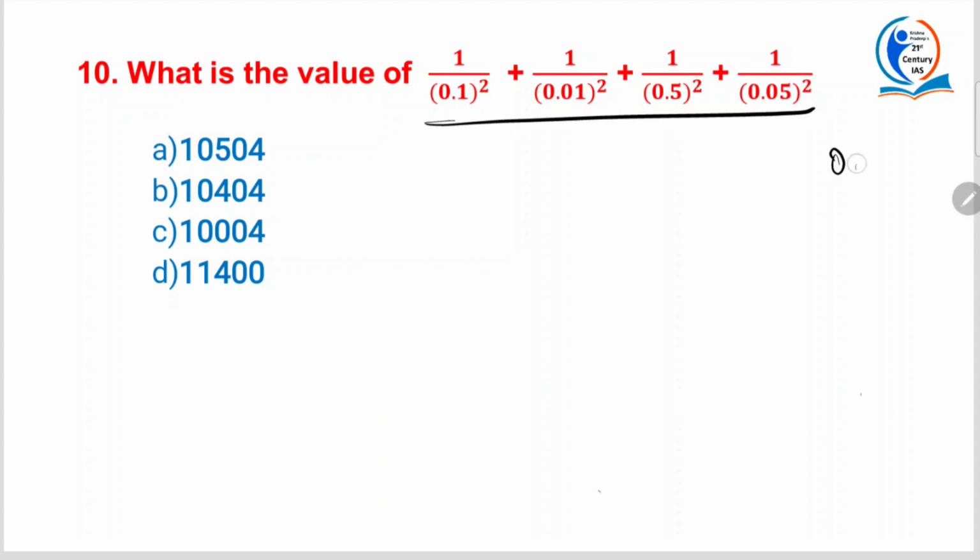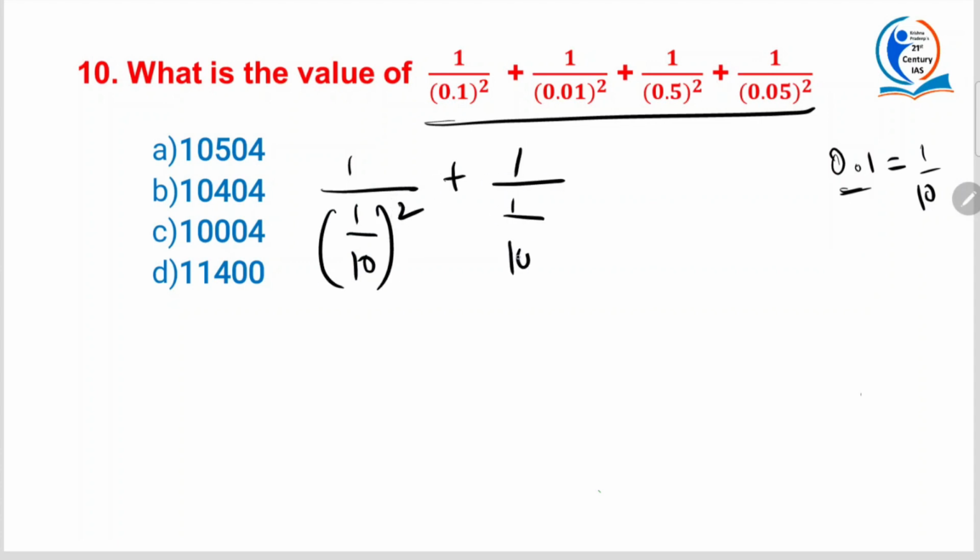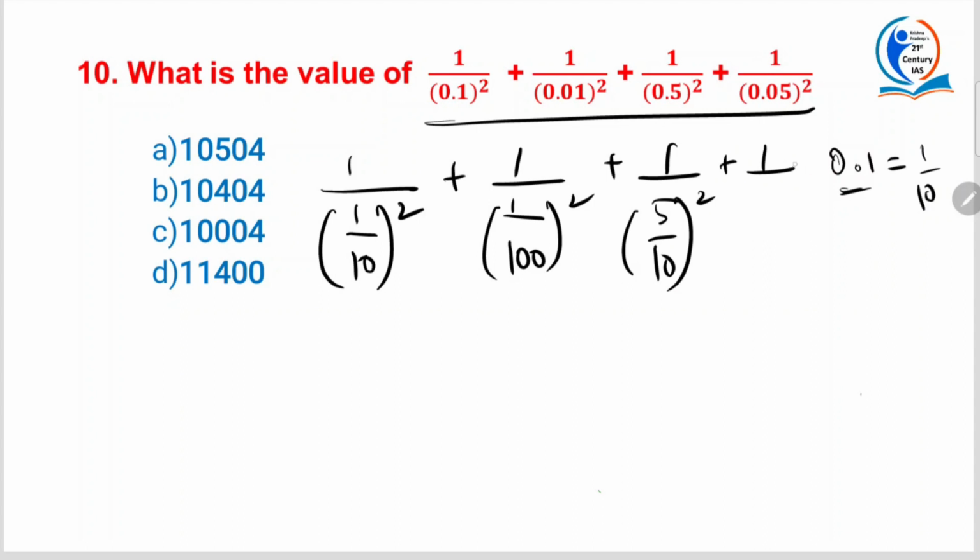Find the value of this equation. Alright, we know that 0.1 is the decimal form, but in fraction it is 1 by 10. Okay, so this equation, we'll write it in fractions. 1 by 10 square plus 1 by 100 square plus 1 by 5 by 10 square plus 1 by 5 by 100 square. Alright, so 5 ones are 5, 5 twos are 10, 5 ones are 5, 5 20s are 100.